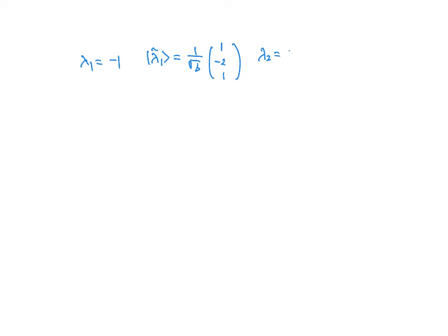Lambda 2 is 1, with eigenvector 1, 0, minus 1 normalized. Lambda 3 is 2. The normalized eigenvector is 1 over square root of 3, times 1, 1, 1.